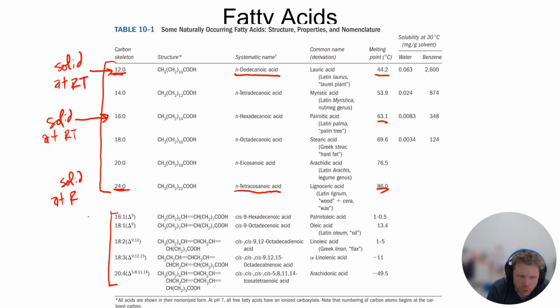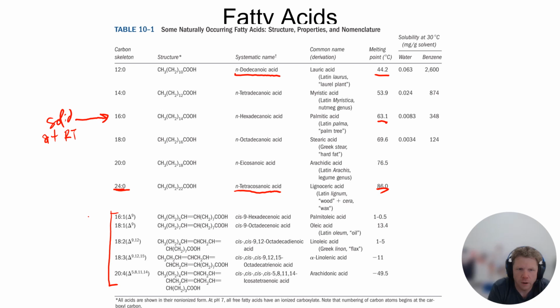Now, I'm going to show a comparison between just our 16 carbon long fatty acid, N-hexadecanoic acid, and a monounsaturated 16 carbon long fatty acid. That is 16:1 delta 9.